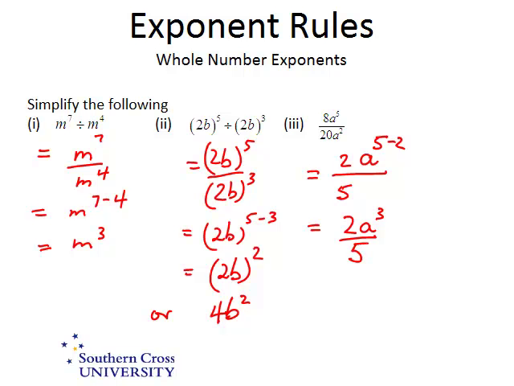Or, I guess if we want to write that as a decimal, it's 0.4 a cubed. But from a mathematics point of view, 2a cubed on 5 is preferable to 0.4 a cubed, but from a practical point of view, the two are equivalent.